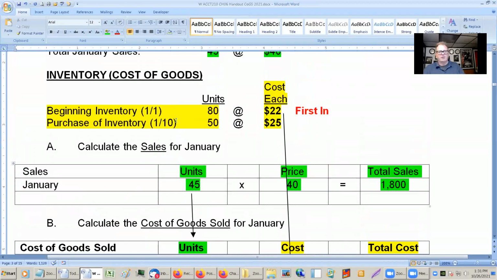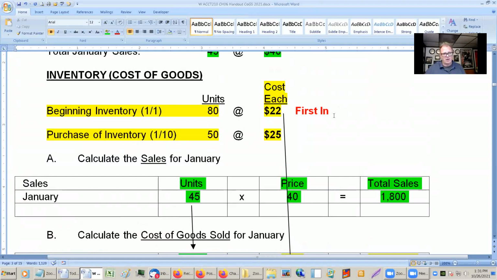Okay, now when it comes to ending inventory, we have a little bit of a problem. Of this beginning inventory, we sold some of those. And notice we sold them from the beginning inventory, not the total number of units, but from that first layer of inventory.